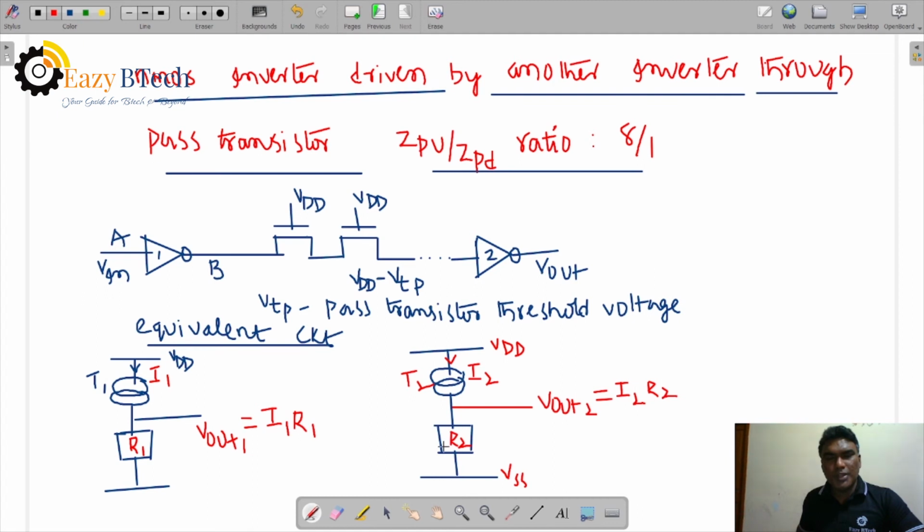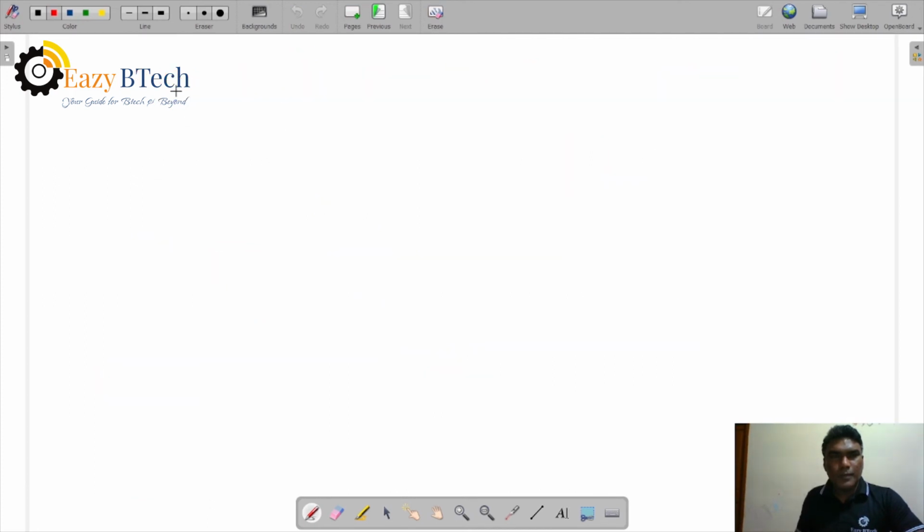R2 is the resistive region of the enhancement mode transistor of inverter 2. So let us take equal margins. V out 1 equal to V out 2, equating this, we can find out I1 and R1 and I2, R2.